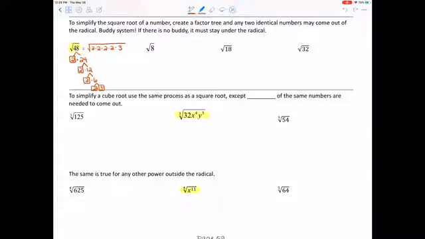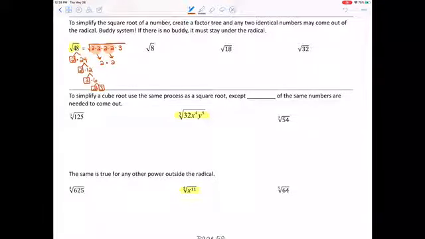All right, now that we have our prime factors, we want to look for partners. Anytime you have that buddy system, so pairs of numbers that match. So there's a pair of 2's, there is a pair of 2's. 2 buddies get to come outside of the radical. So the first pair of 2's becomes a 2 outside. The second pair of 2's becomes a 2 outside.